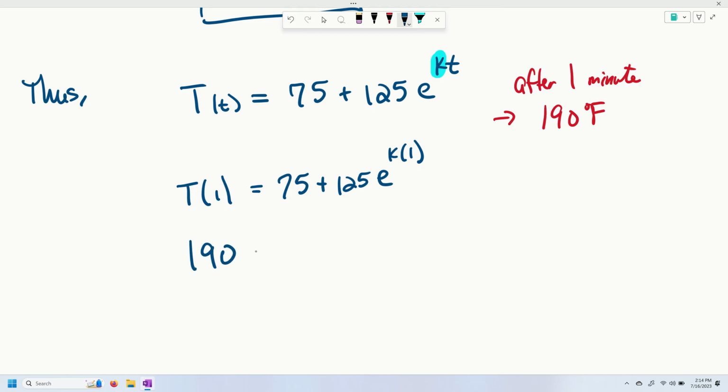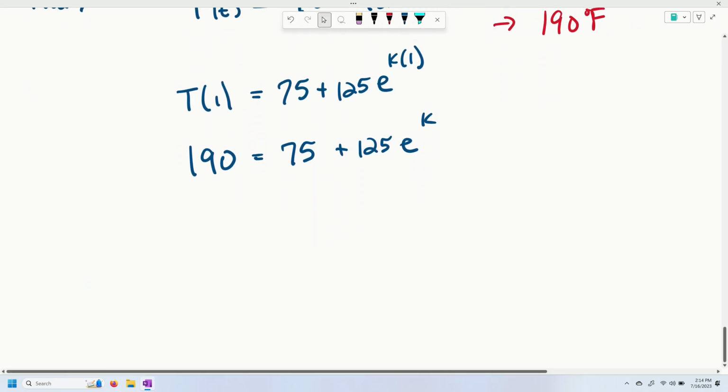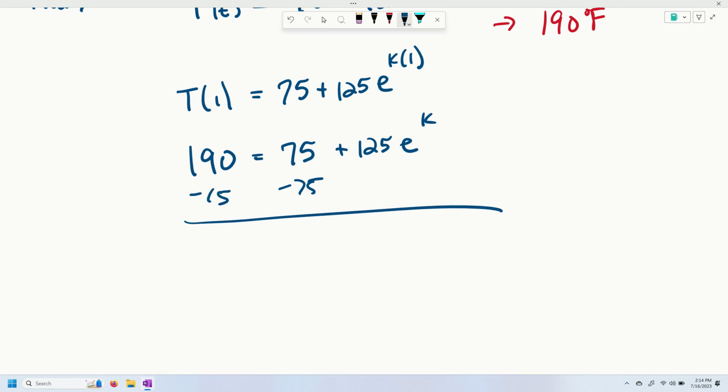So it's going to be 190 equals 75 plus 125 e to the k. Now all we have to do is solve for k by first subtracting 75 from both sides. So 190 minus 75 is 115, which equals 125 e to the k.